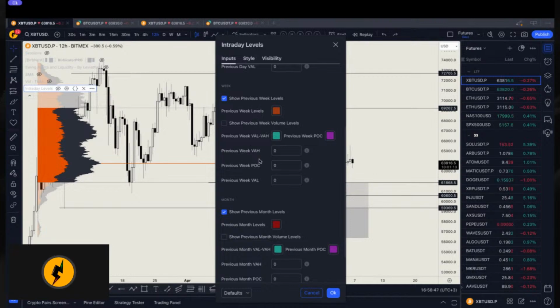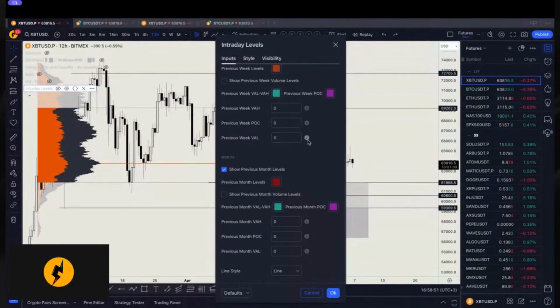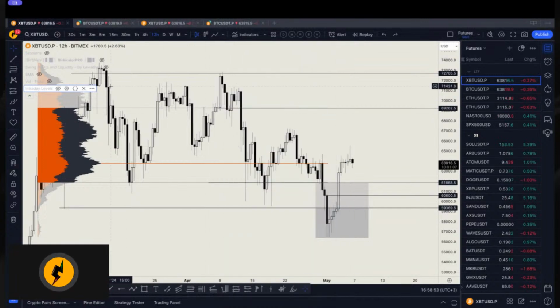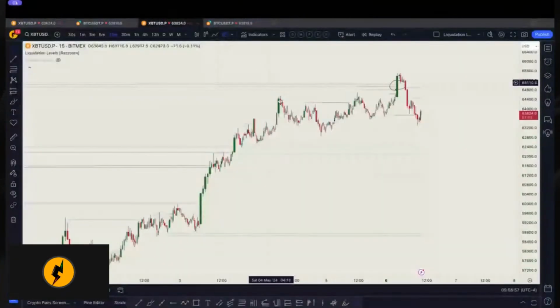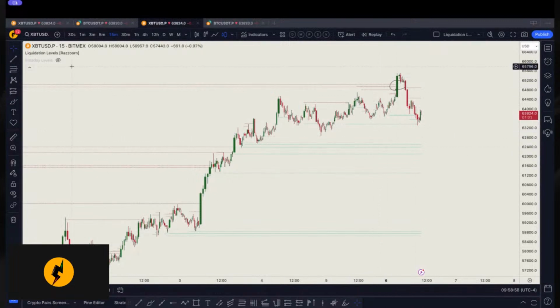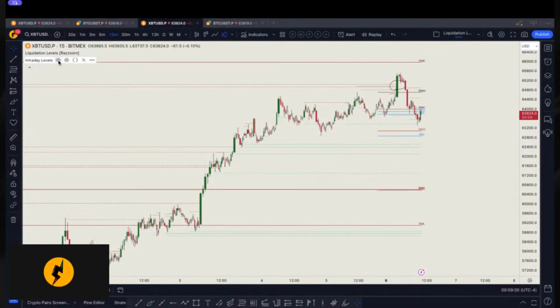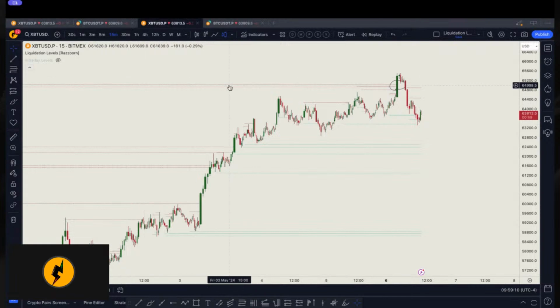So you see value area high, previous week value area high, POC, value area low. Also, I want to embed it inside my liquidation levels indicator. So you get something like this. Usually they give you interesting confluences. That's why I created one rather than using the already existing one.